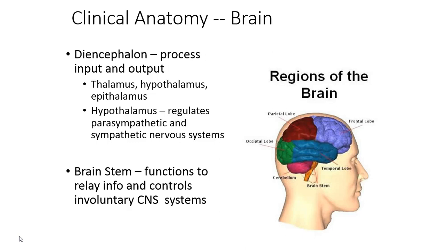So your fight or flight, or just your ability to have your everyday activities, okay? How you respond to things, your emotions and things like that. Like I already mentioned, your brainstem functions to relay information and controls the involuntary sensory nervous system.